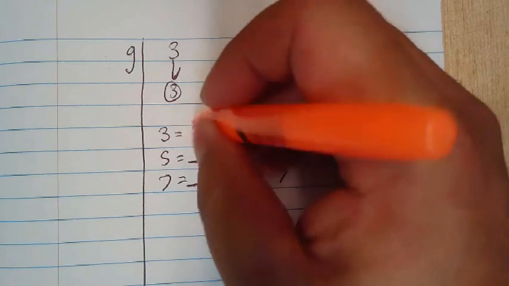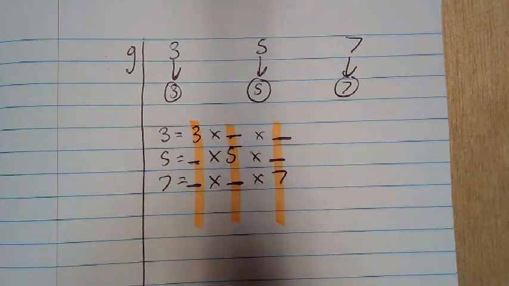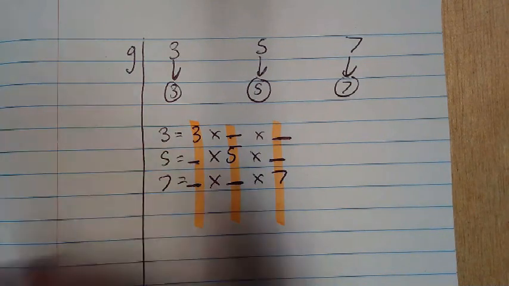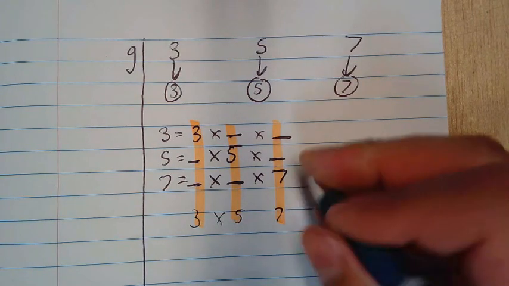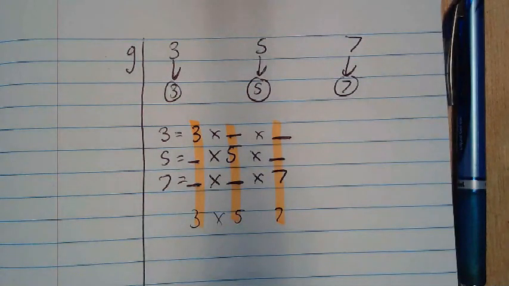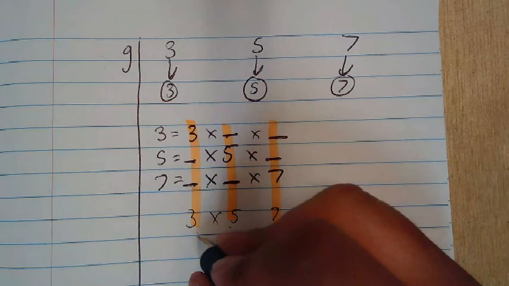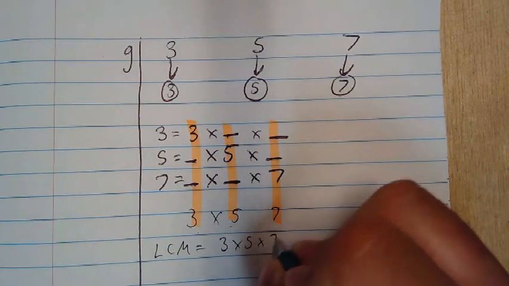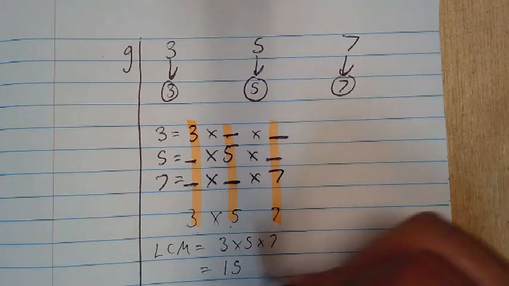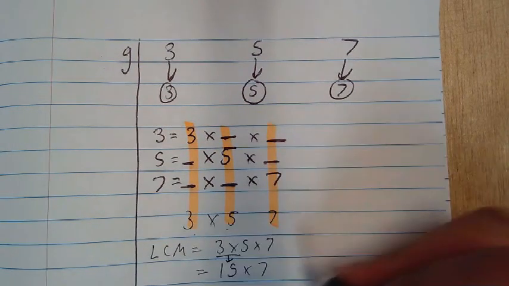Again, I'm multiplying only, right? And then, what's 3 times 5? 3 times 5 is 15. 15 times 7.